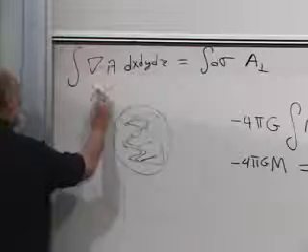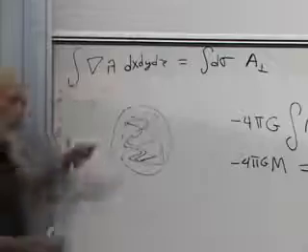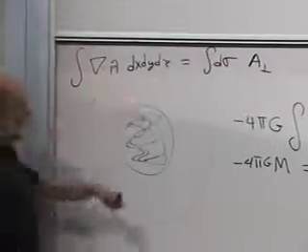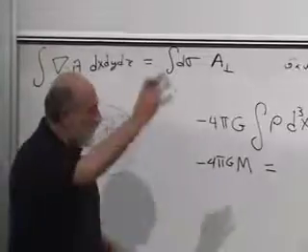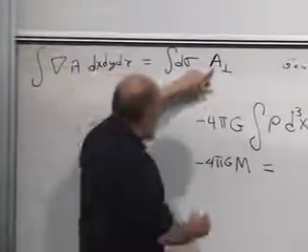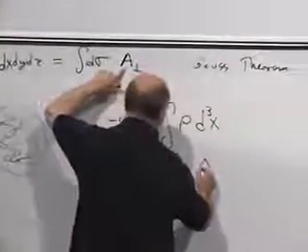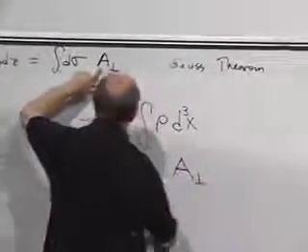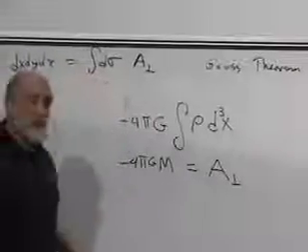It'll be pointing out with the same component everywhere on this sphere. So that means that the perpendicular component of A doesn't vary from point to point on the sphere, and that means that this integral here is just the perpendicular component, whatever it happens to be, times the integral of d sigma.